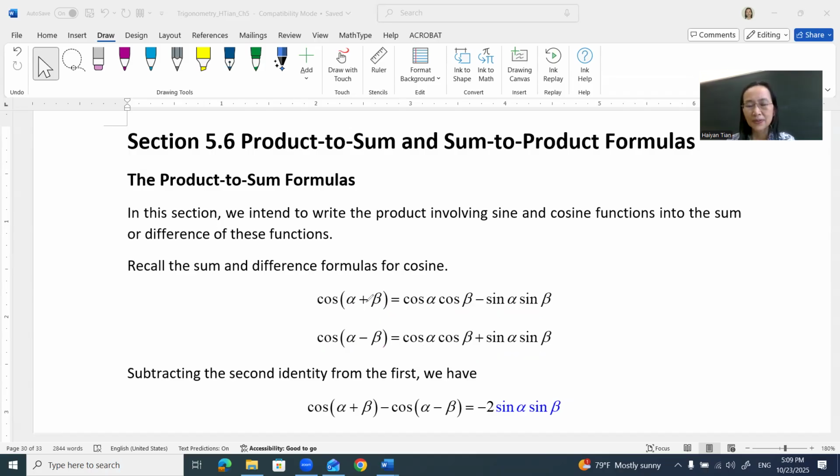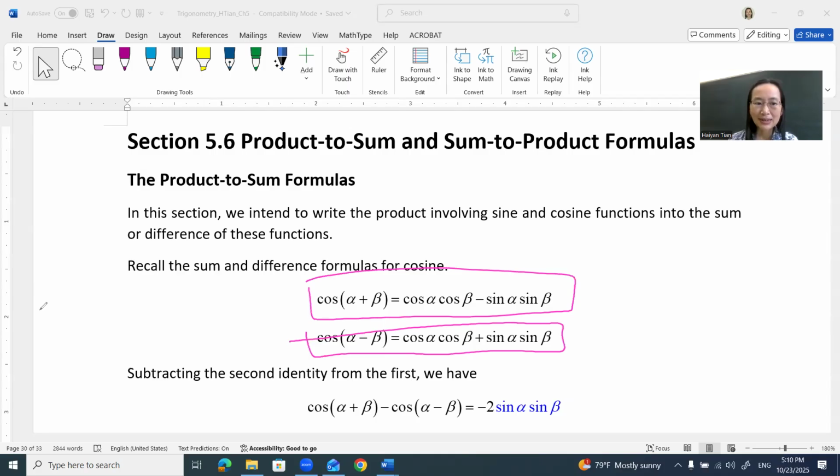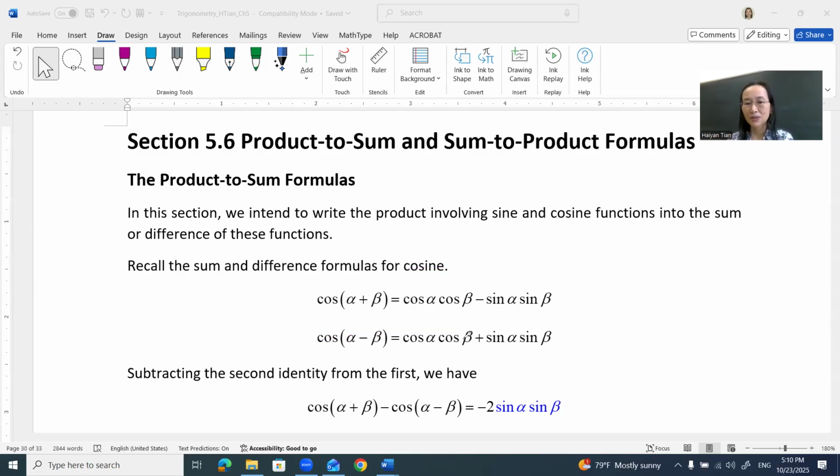When you do cosine of the sum, you have cosine alpha, cosine beta minus sine alpha, sine beta. When you do cosine of a difference, you have cosine alpha, cosine beta plus sine alpha, sine beta. So let's do a subtraction. When you subtract the second equation from the first equation, we can cancel some terms.